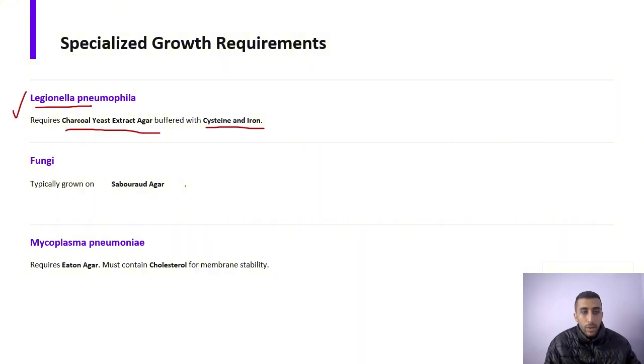Then Sabouraud agar contains a high acidity to kill the bacteria and favor the growth of fungi. And lastly, Mycoplasma pneumoniae requires Eaton agar, and it needs cholesterol for membrane stability. So these are some of the special media that support certain organisms to grow.